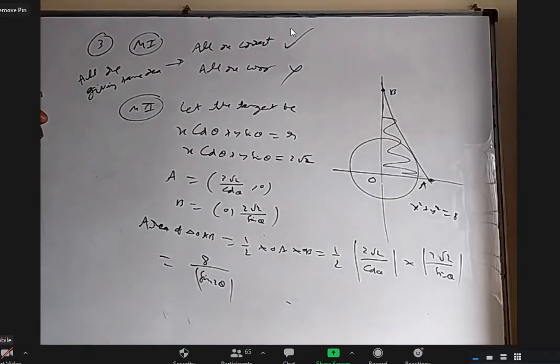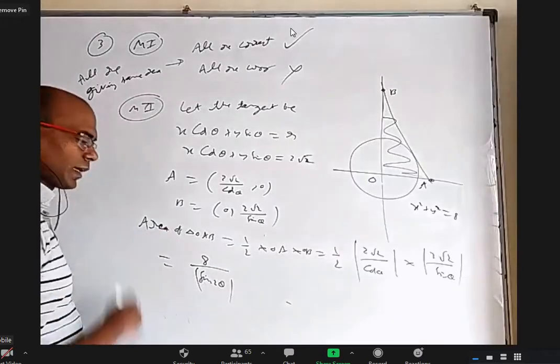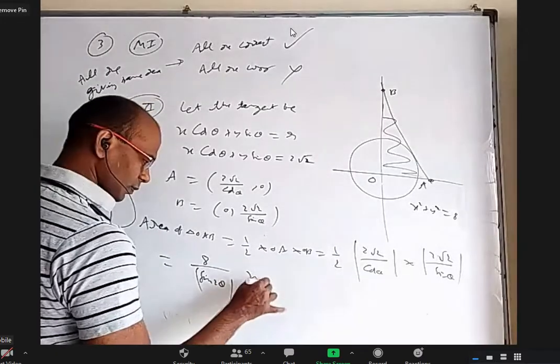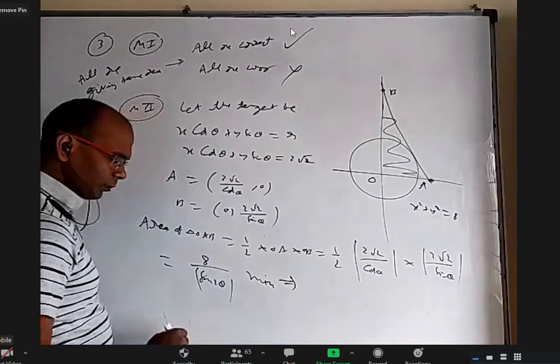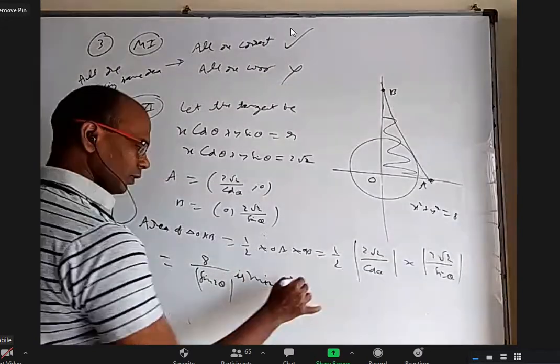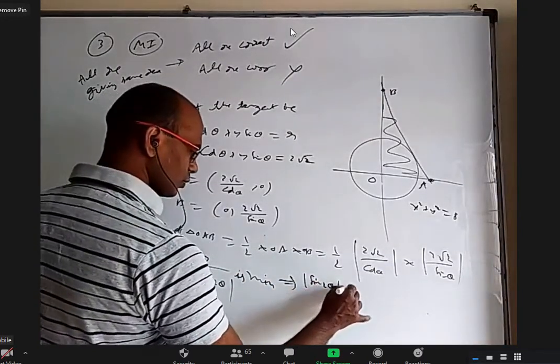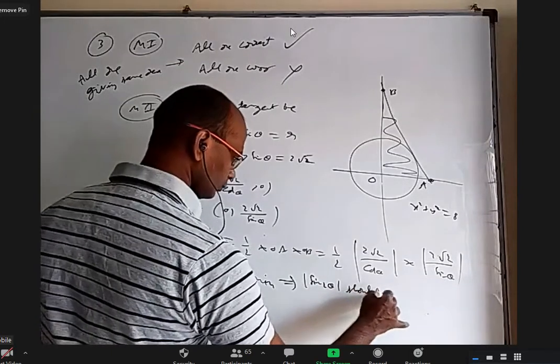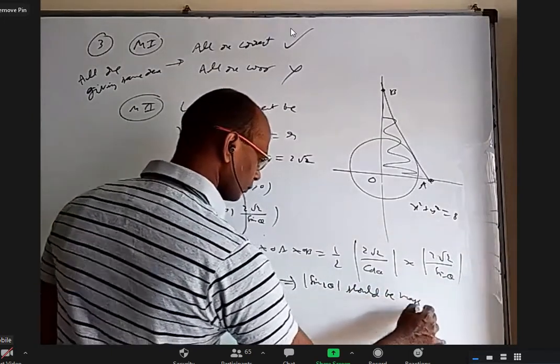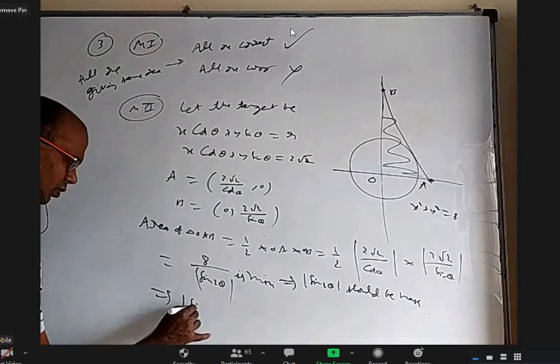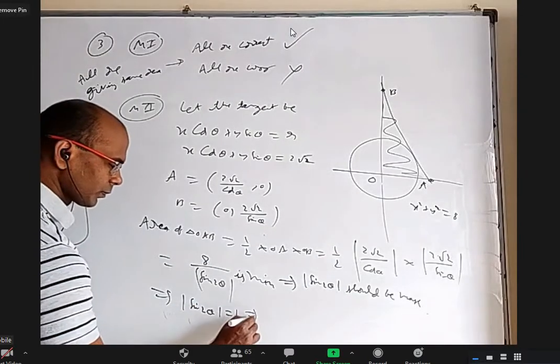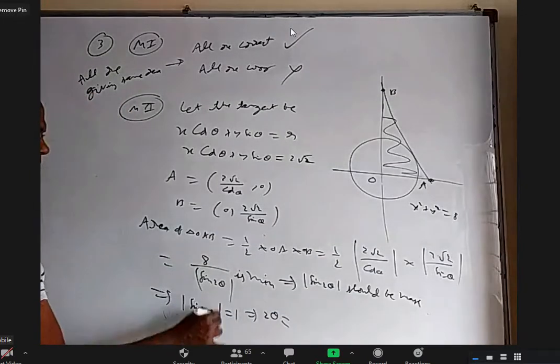If you want the area to be minimum, the denominator should be maximum. So mod sin 2 theta should be maximum, that means mod sin 2 theta equal to 1. That means sin 2 theta can be plus or minus 1.